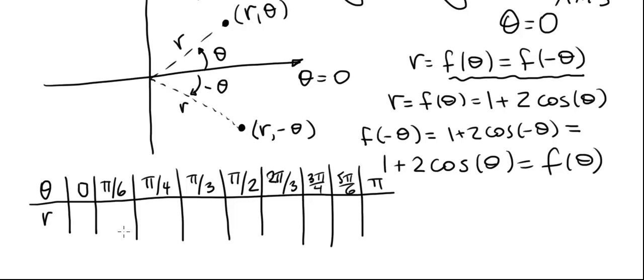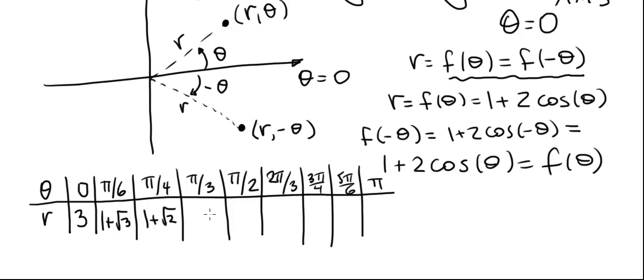Plugging in 0, cosine of 0 is 1, 2 times 1 is 2, plus 1 gives us an r value of 3. At pi over 6, cosine is square root of 3 over 2, times 2 is square root of 3, so r is 1 plus square root of 3. At pi over 4, it's 1 plus square root of 2.